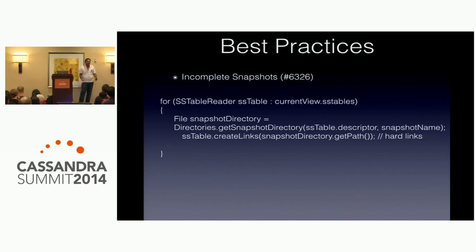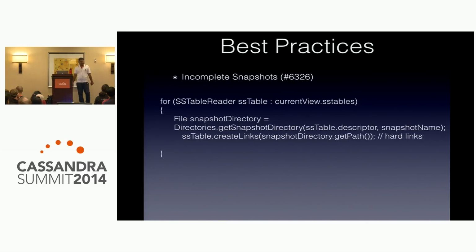I mean, you might look at the process uptime, right? But if the other tool is coming and grabbing the snapshot and taking it out, it just got an incomplete snapshot. So we fixed it by doing a Jira in which now we write a manifest file. That manifest file contains a list of all the SS tables which are in the snapshot.